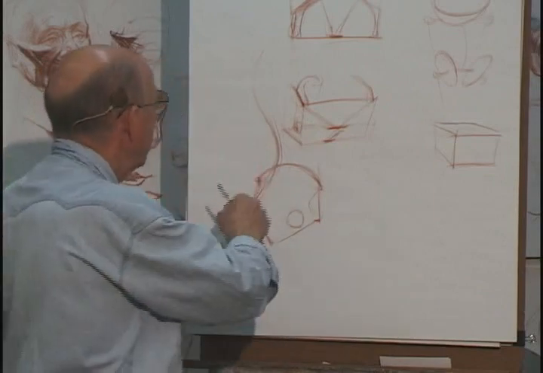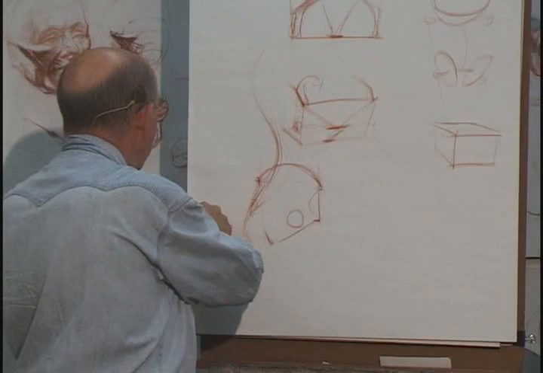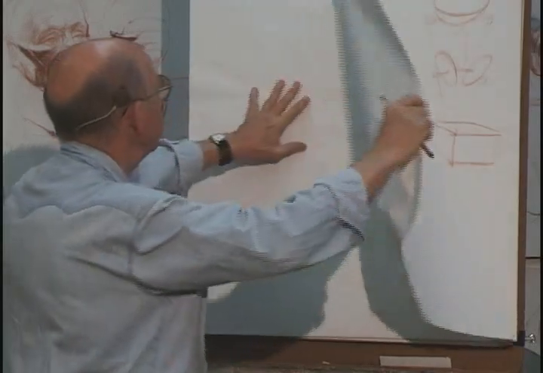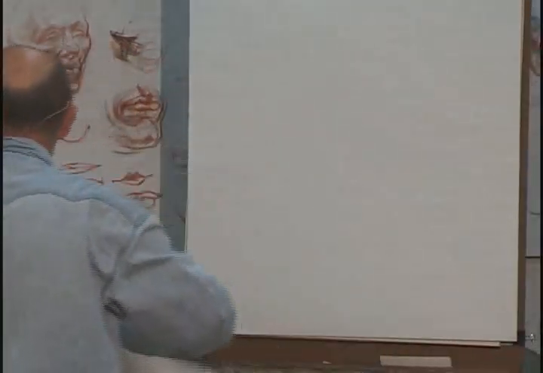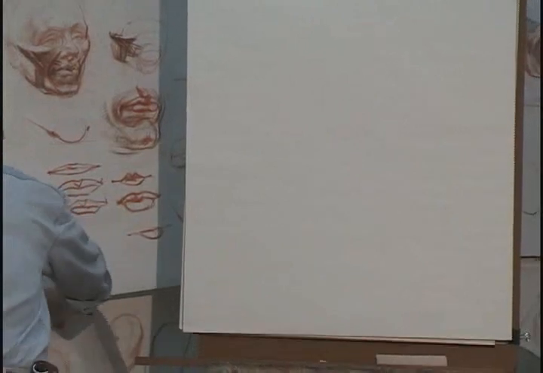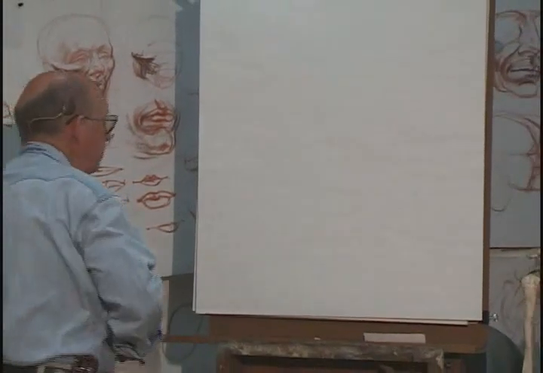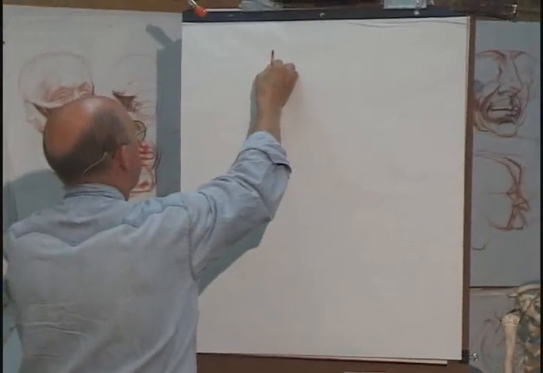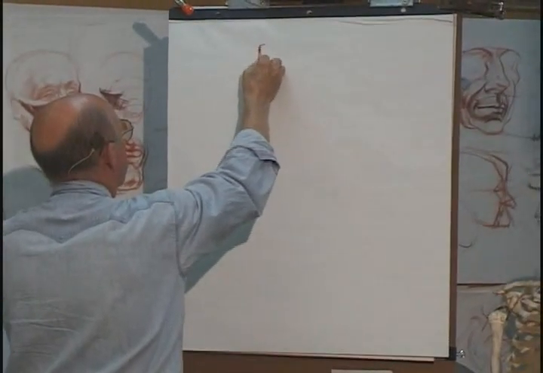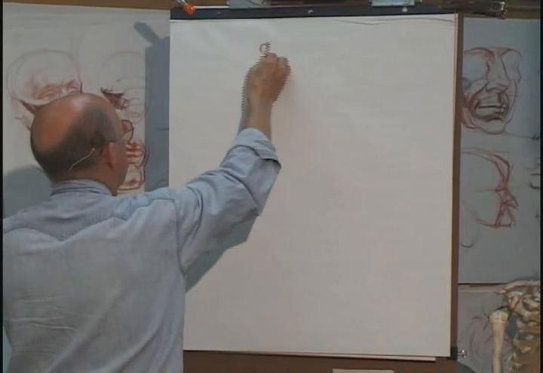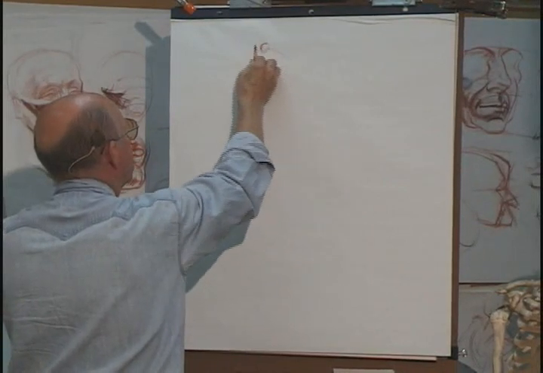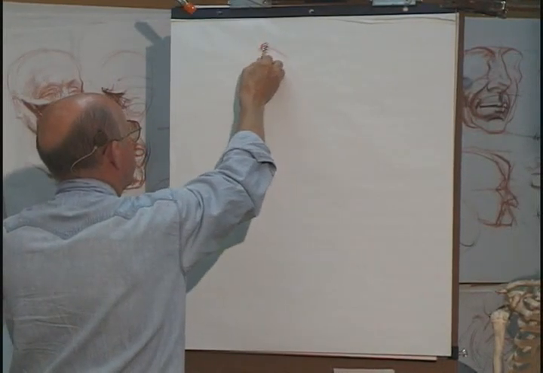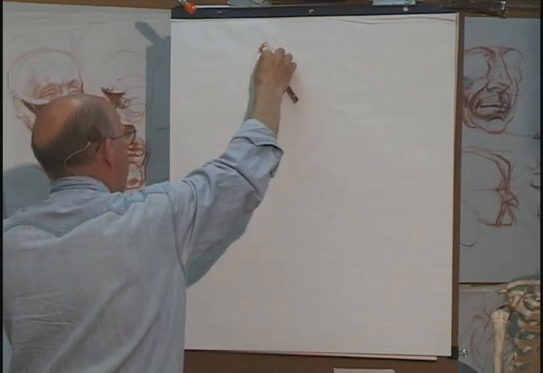Now, I want to go through and expand on this with the rib cage. Starting with the seven cervical vertebrae here, the top of the rib cage, and the spine coming down.